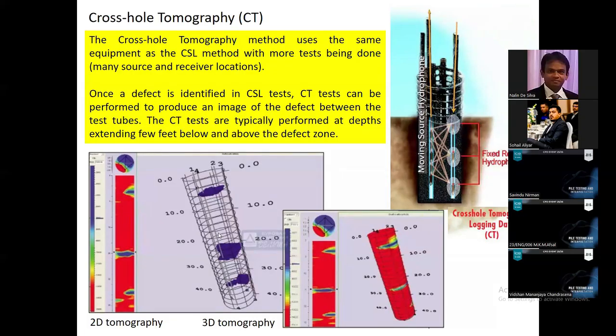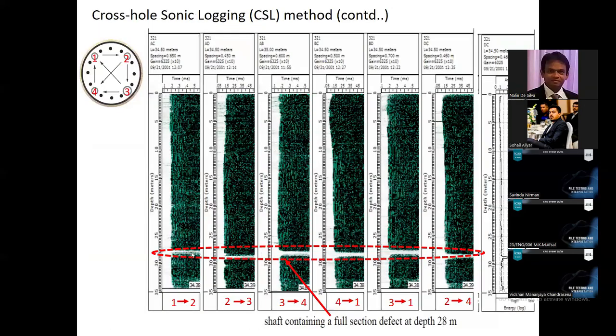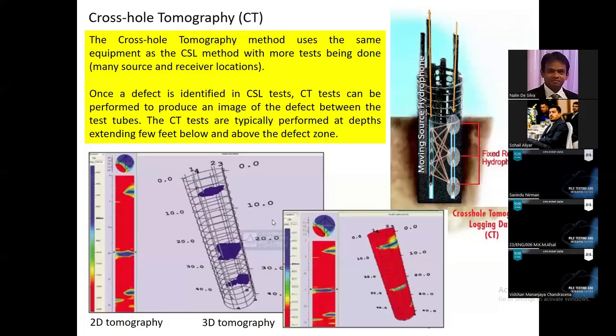Once you detect an area-wide defect like this, you can drill holes and rectify. But if you have a localized defect or multiple defects, then it is important to have an idea about the extent of the defect. You need to quantify the size of the defect. So in that case, we can do this cross-hole tomography.